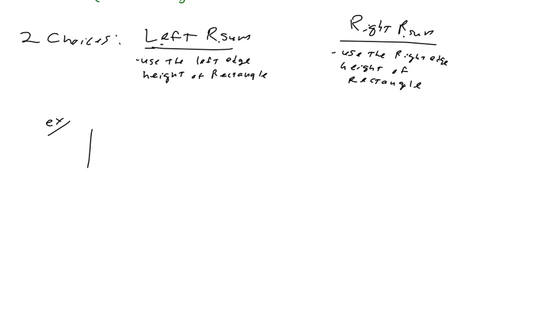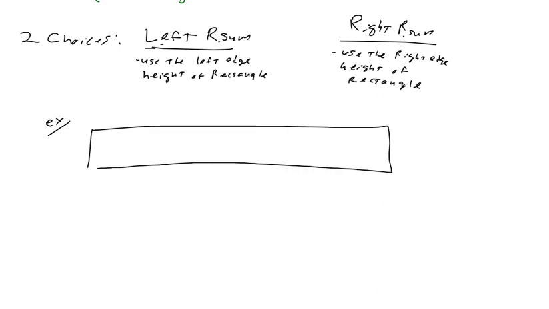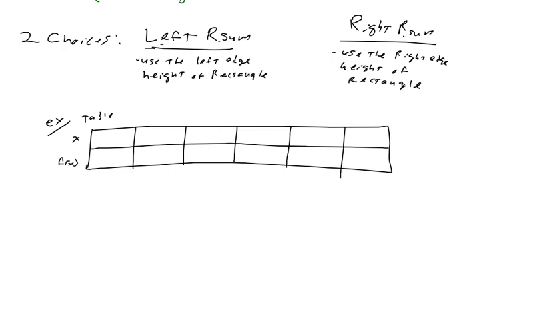In this example, we're not going to use a function, we're going to use a table of values. From a table, we have our x values and our f of x values. So 6 values: 1, 2, 3, 4, 5, 6. For x, let's go with 3, 5, 8, 11, and 12.